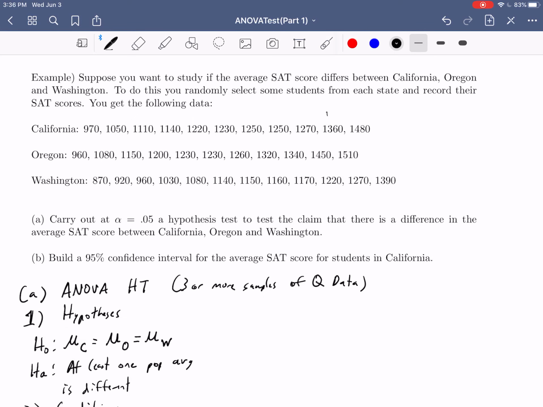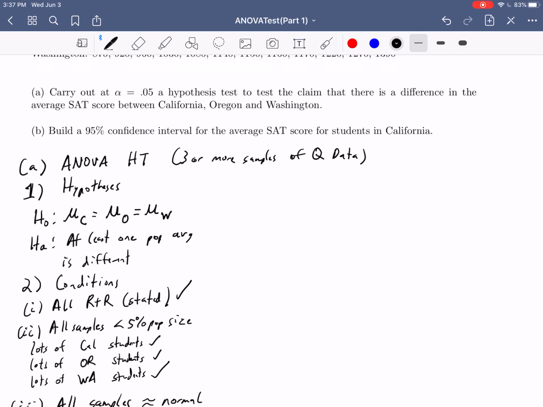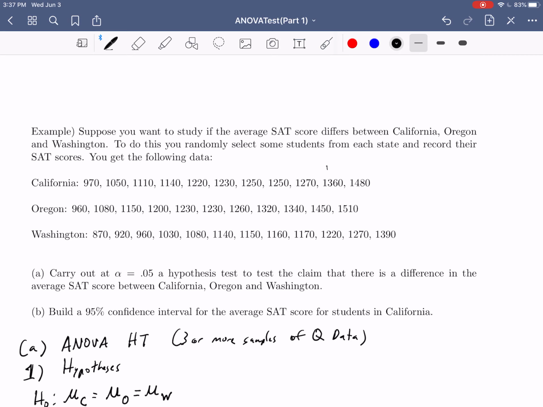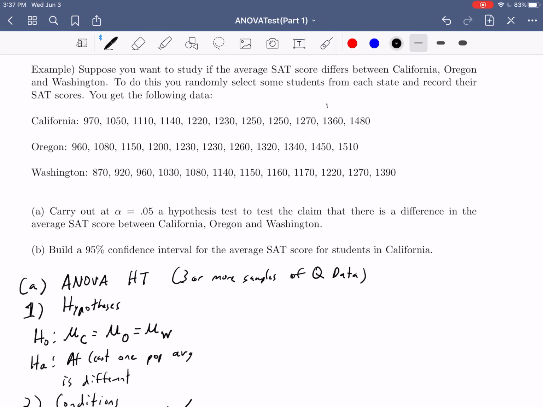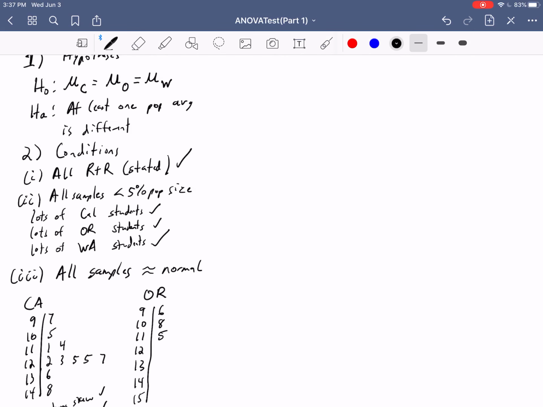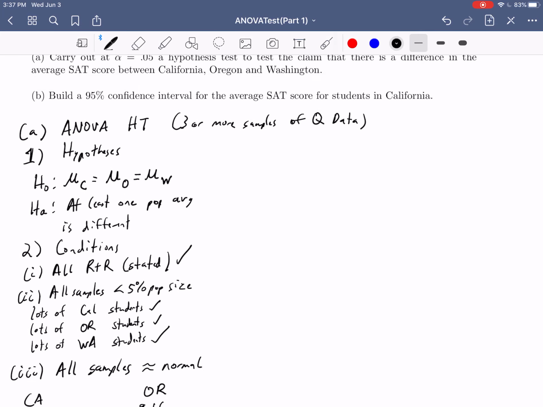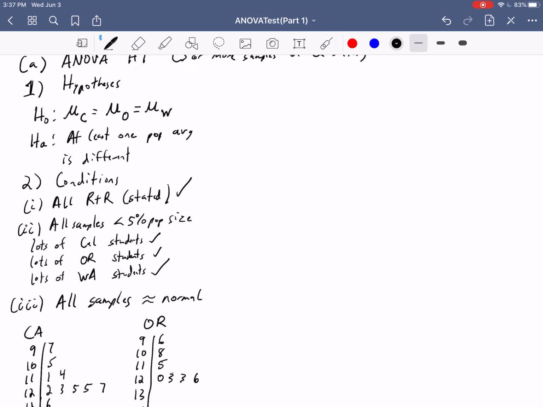All right. For Oregon, looks like we'll have stems from 9 up to 15 this time. So we'll have 9, 10, 11, 12, 13, 14, and 15. For Oregon, it looks like we have 9, 6, then 10, 8, then 11, 5, then 12, 1200, 1230, 1230, and 1260.